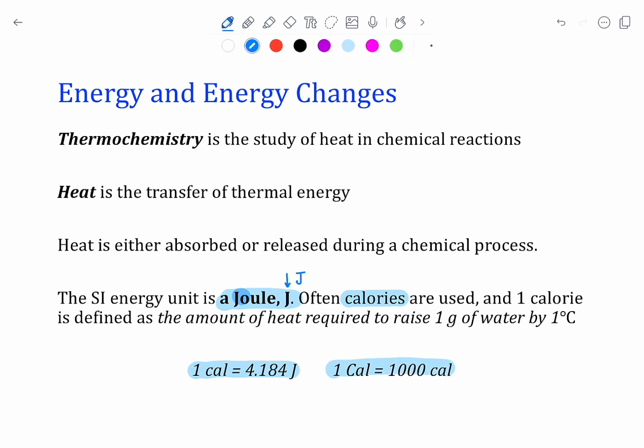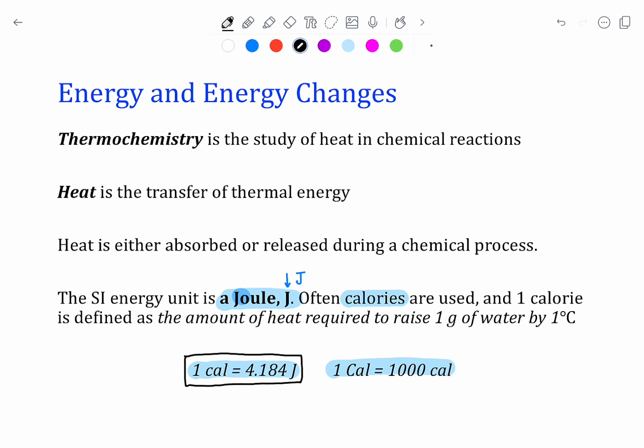So to go between a calorie and a joule, we use this conversion factor here, where 1 calorie is equal to 4.184 joules. Our second conversion looks a little confusing because it says that 1 Calorie is equal to 1,000 calories, which, as we know from conversion factors, doesn't make any sense.